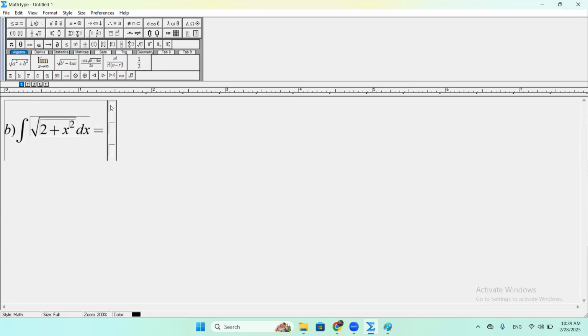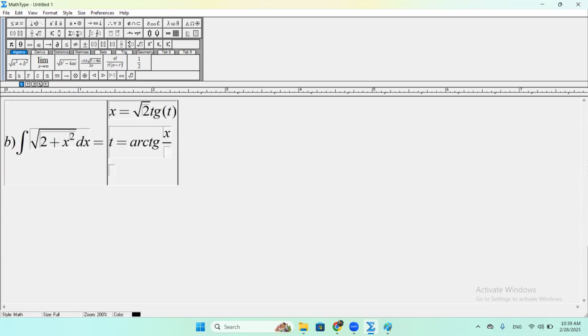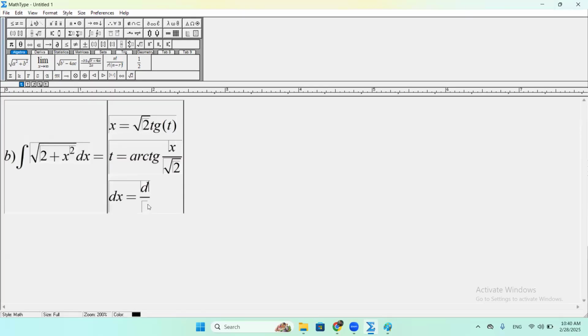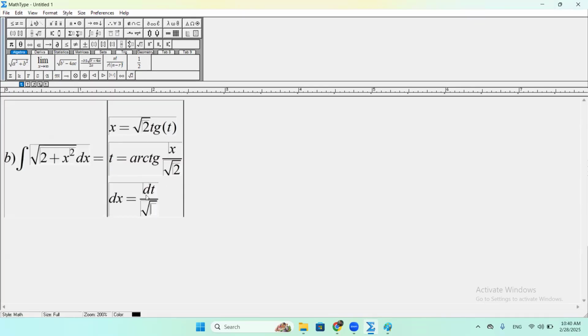So we use the following substitution: x equals square root of 2 times tangent of t. Then t equals arctangent of x divided by square root of 2, and dx equals dt by square root of 2 and cosine square of t.